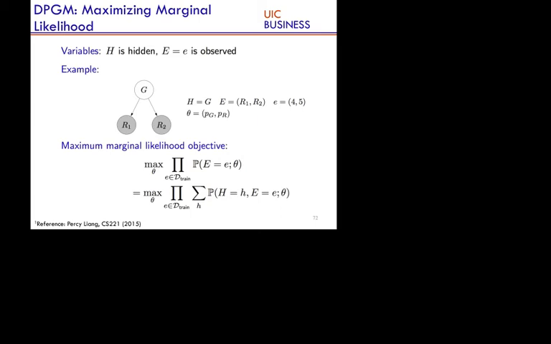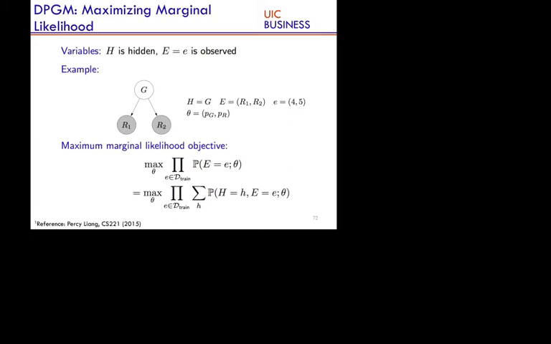Now you still want to find the parameters theta. It's the same expression as before, maximizing the likelihood, except that now you don't know what value H took. So you're going to find the summation of the probability of the data.